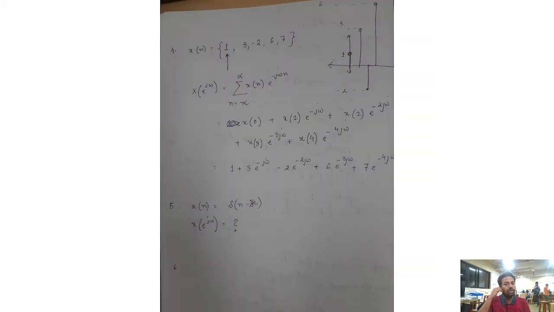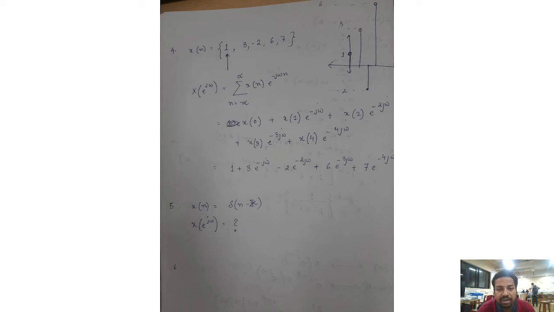The Fourier transform of u of n is given by 1 divided by 1 minus e to the power of minus j omega. So you can see that we can solve this problem by different means, and it's a much simpler process than the previous one. Okay, so this is fine.